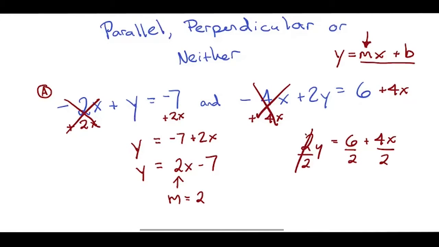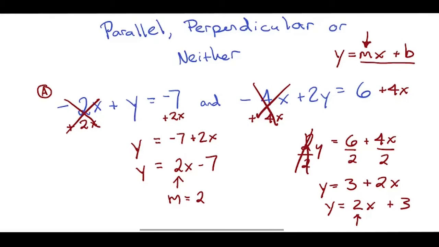That cancels. So y equals, all right, 6 divided by 2 is 3, plus 4 divided by 2 is 2x. Now I want it to be in the form mx plus b, so I will rewrite it as y equals 2x plus 3, and I see that my slope is 2.